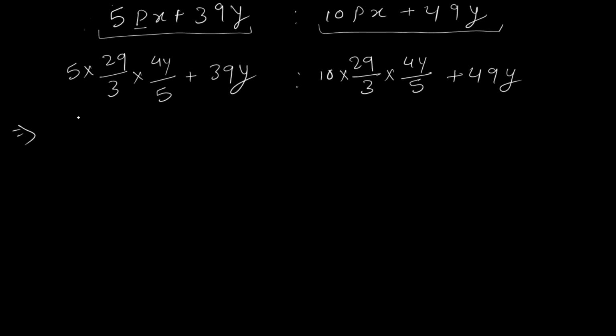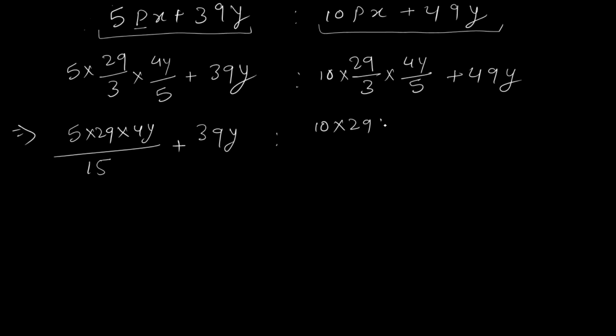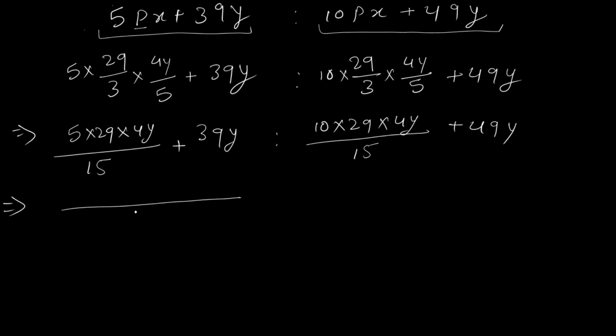Now you have to keep simplifying it. 5 multiplied by 2q multiplied by 4y divided by 5 threes are 15, plus 3qy. Here 10 multiplied by 2q multiplied by 4y divided by 5 threes are 15, plus 4qy. Now I have taught you how to do the sum. LCM, it will be 15.